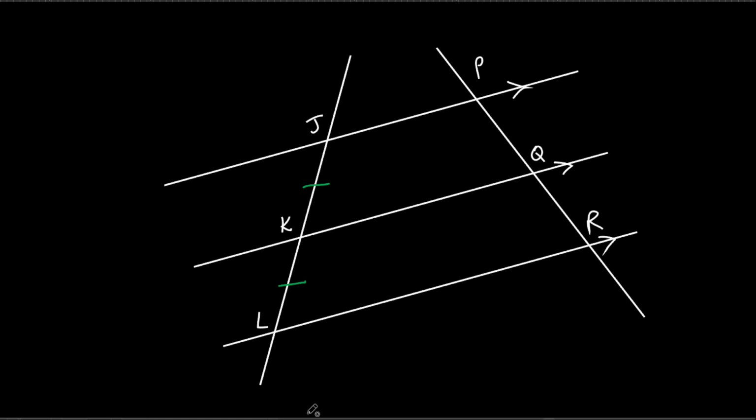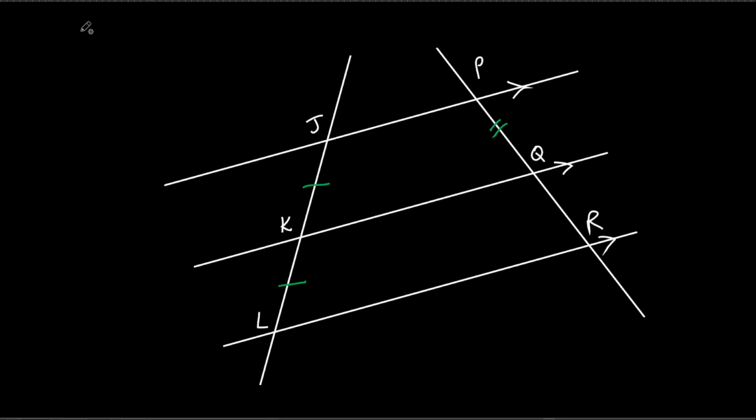Everybody see that? So if this transversal cuts 3 parallel lines, and if JK and KL are equal to each other, guess what is probably true about the little segments over here on this side? They're the same. Now, they're not necessarily the same as these, but they are equal to each other.